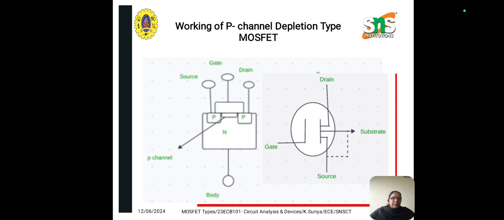Source and the drain terminals are made with P-type semiconductor, and so is the channel. Majority charge carriers are the holes. Applying a negative voltage, the channel depletes, and hence the width of the channel decreases, and hence the resistance increases, decreasing the amount of current flowing. So it is a voltage controlled resistor.